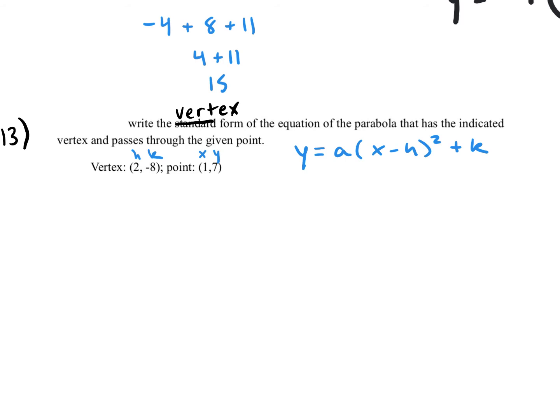So I'm going to plug in h, k, and x and y, and then see what I need to do from there. So I have 7 is equal to, I don't know what a is, x is 1, h is 2, so 1 minus 2 squared, plus k, which is negative 8, so this would be minus 8. So I just plugged in h, k, and x and y.